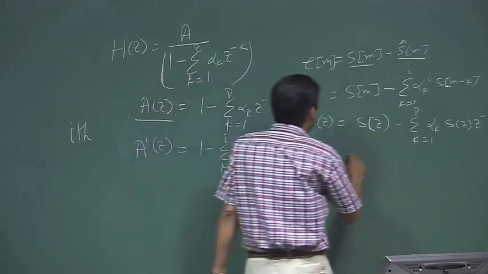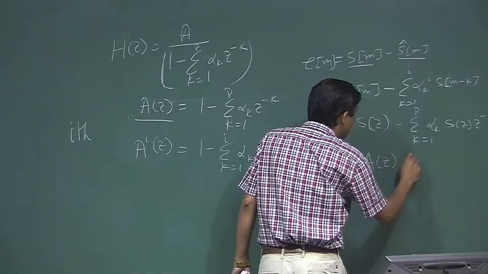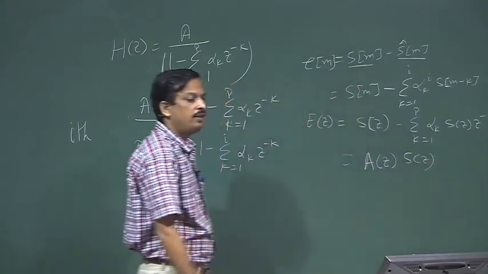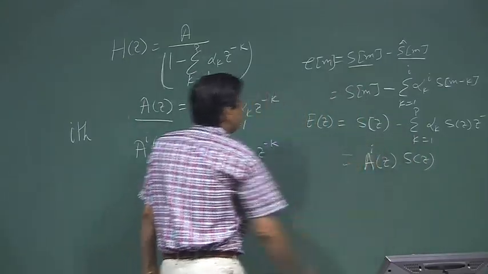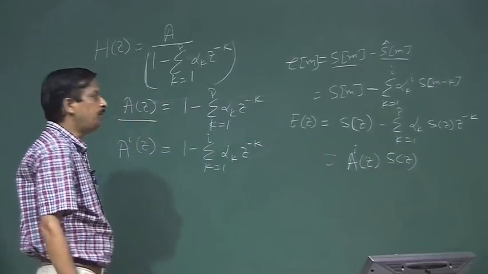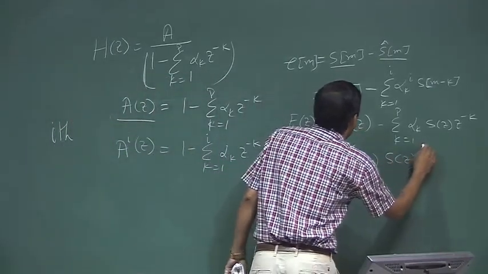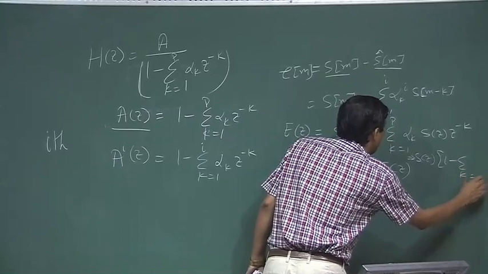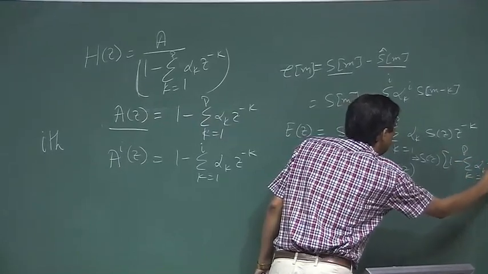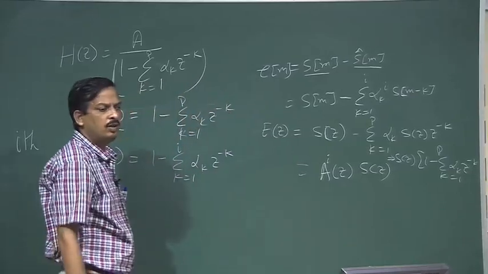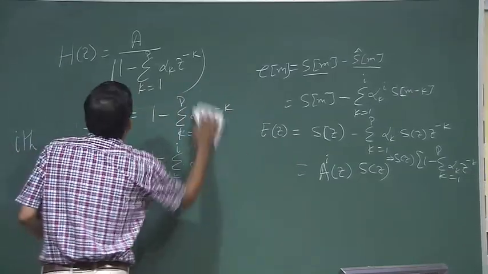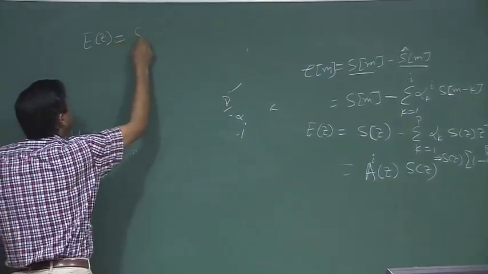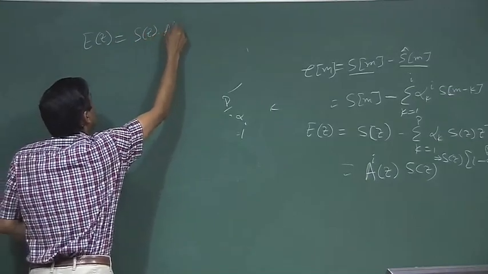Taking S(z) common, S(z) into 1 minus the sum of alpha k z to the power minus k, this is A_i(z) into S(z). So, forward prediction error E(z) is S(z) into A_i(z).